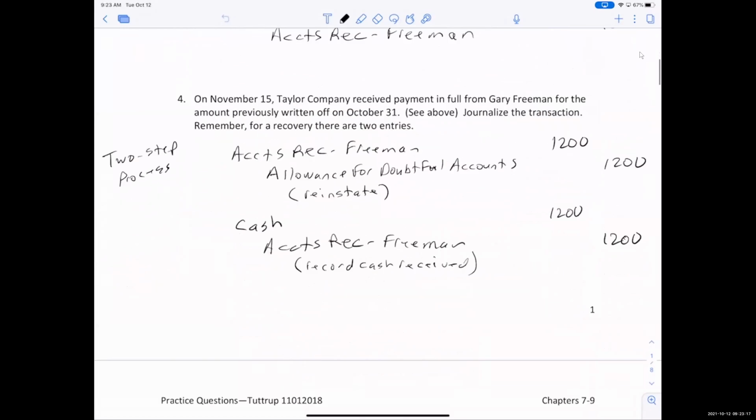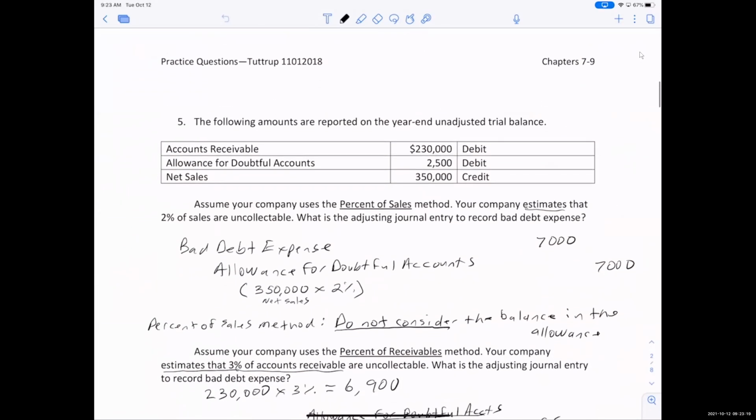Okay. Here's some information, and we're going to use the same information for the percent of sales and also the percent of receivables method. Now, I say this percent of sales method is really easy because you're just going to take your net sales and multiply it by 1%.